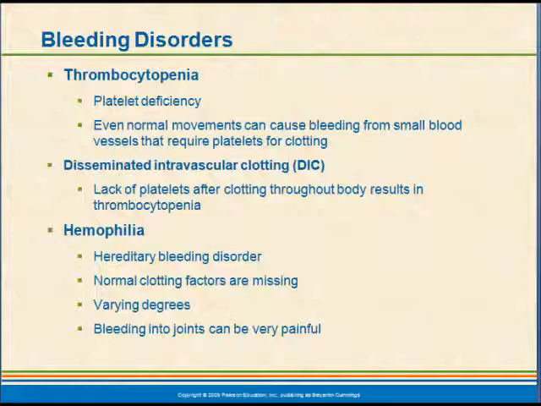We've said that platelets bind to connective tissues. One thing that can lead to this disseminated intravascular clotting is that at childbirth, some of the amniotic fluid can get into the mother's bloodstream. This can result in clots forming throughout the body.